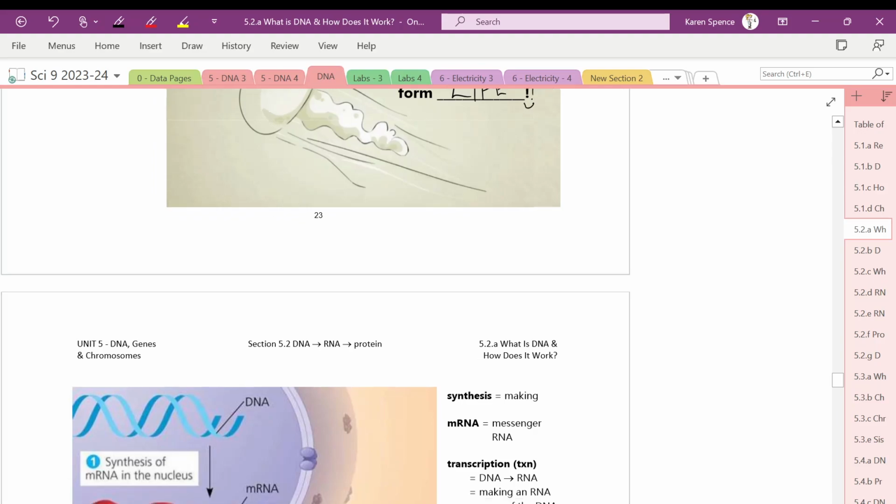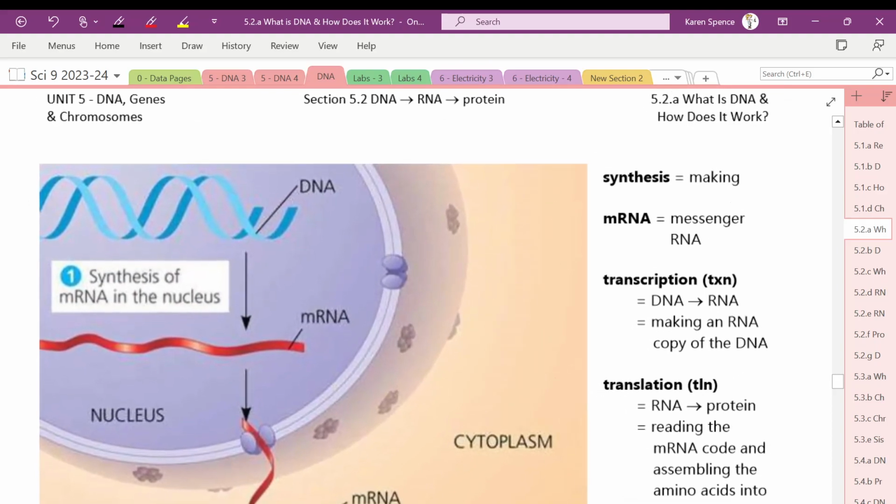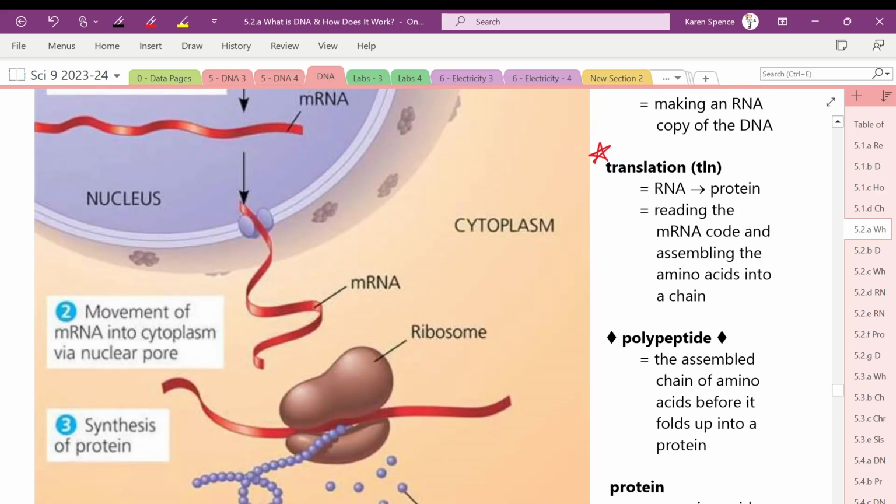Okay, we got a little bit left here. There's a few more words that we're going to learn. And one of those words is synthesis. So in fact, all of these words, they're all vocabulary words, except for polypeptide, because that is an optional word.